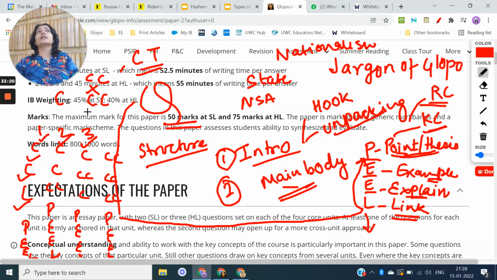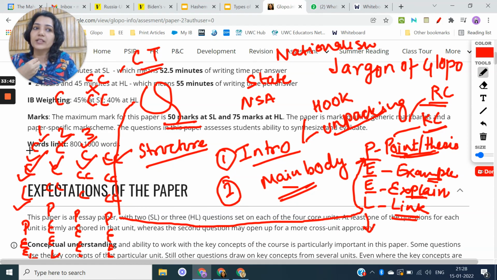And one tip for you: the more you write, the more marks you fetch. The more examples you use over here, different examples, the more marks you fetch. You may have this question: can I use just one example throughout these 4 paragraphs? Yes, you can, because it depends on the case study.